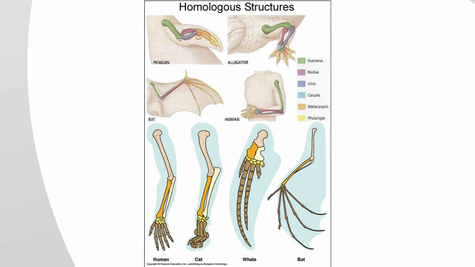And let me tell you, if, for example, you used the presence of fins without looking at the underlying anatomy of those fins, you might say that whales and dolphins were more closely related to fish than they were to humans, and that would be erroneous because of the common ancestry shared and the underlying homologous structures present in these organisms.